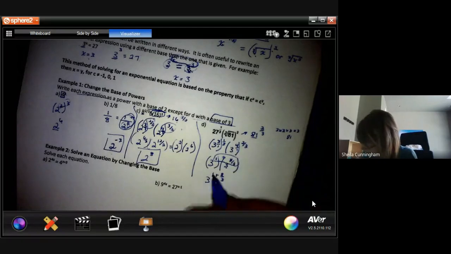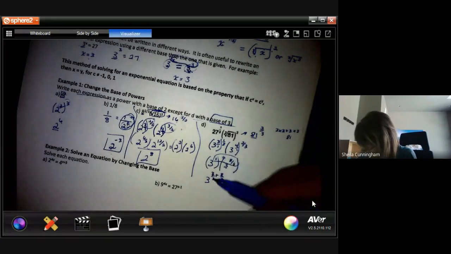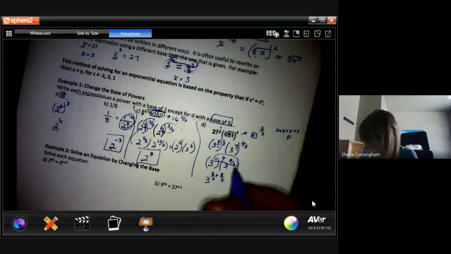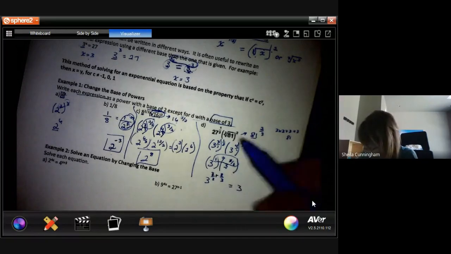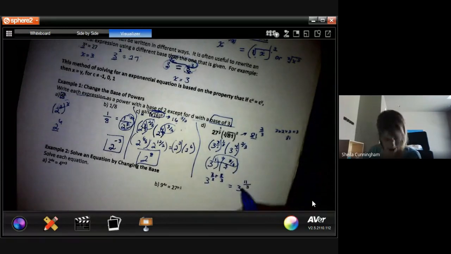If I want to make a common denominator of 3, I can change this 1 to 3 over 3, because 3 over 3 is the equivalent of having 1. So I've got 3 plus the 8, which would make me 11 over 3. And that is my final answer.